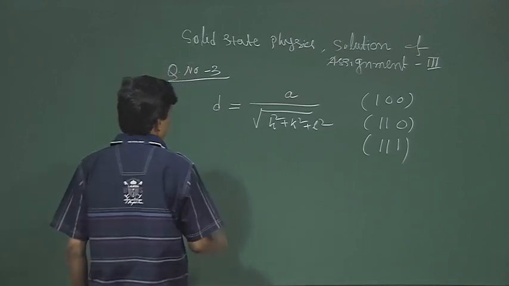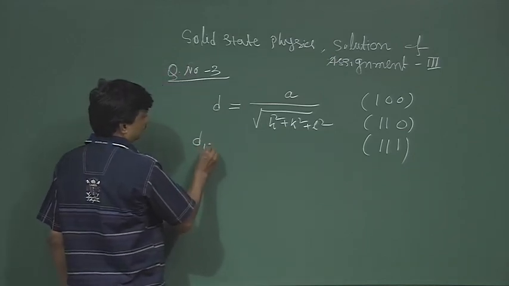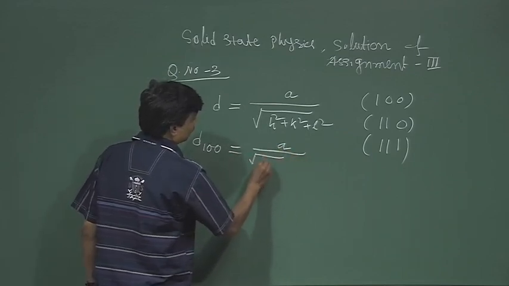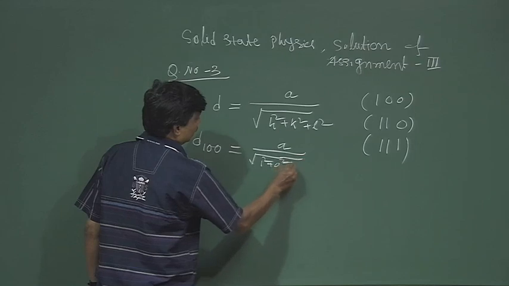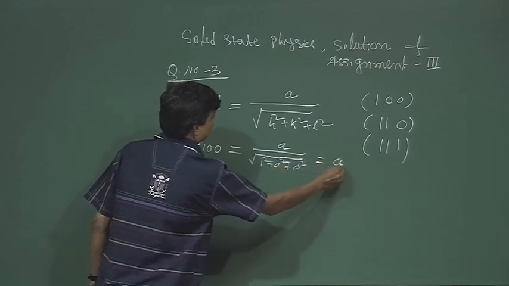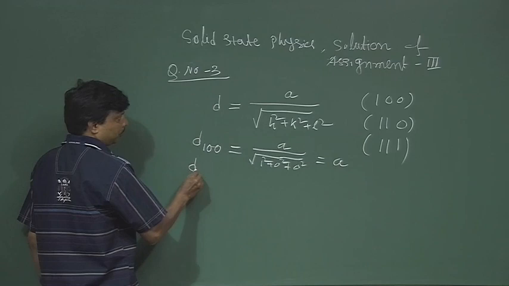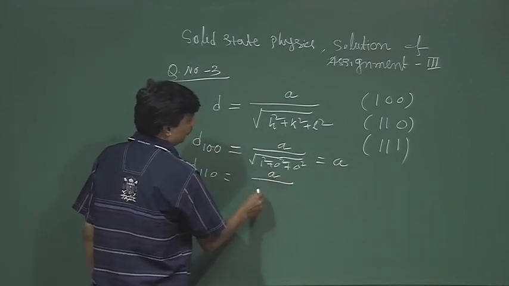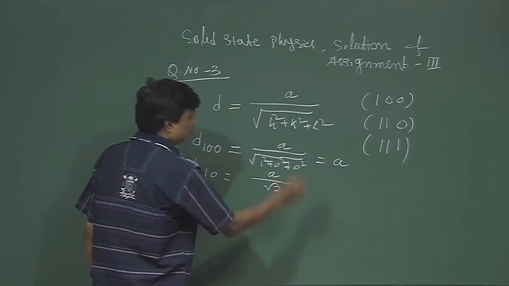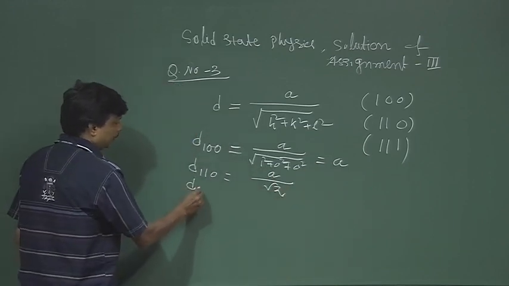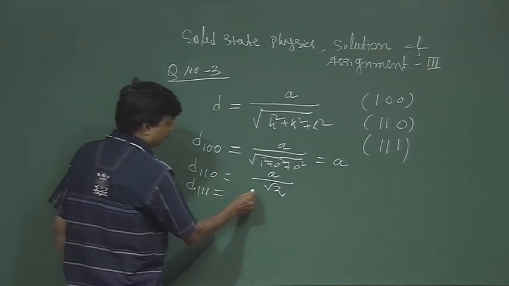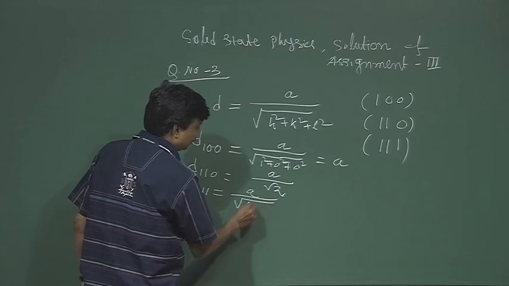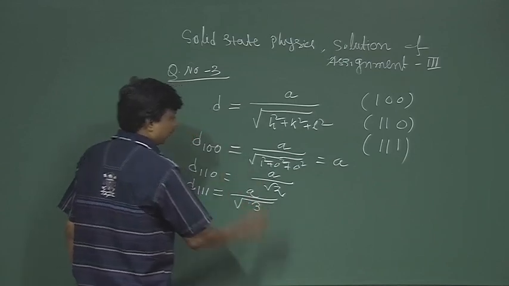Let us find for the 1 0 0 plane first. D 1 0 0 is a by root over of 1 square plus 0 square plus 0 square, that is actually a. Similarly, D 1 1 0 will be a by root over of 1 square plus 1 square, that is a by root 2. And D 1 1 1 will be a by root over of 1 square plus 1 square plus 1 square, that is a by root 3.